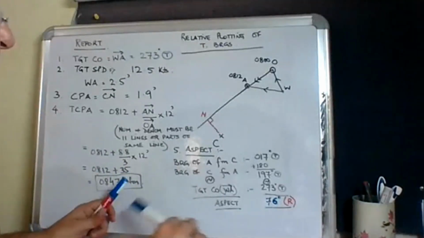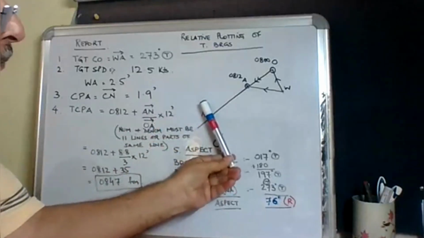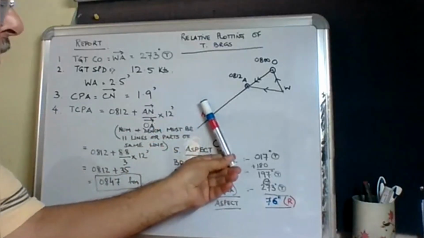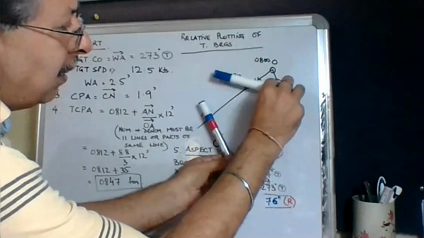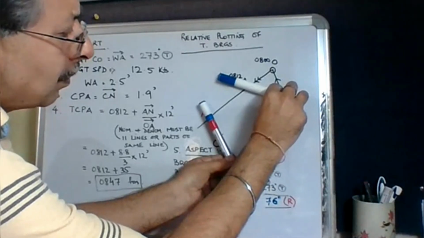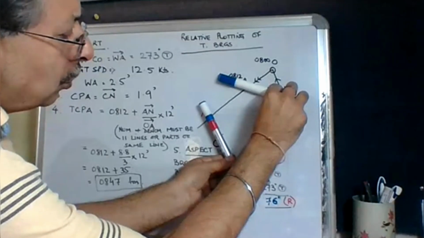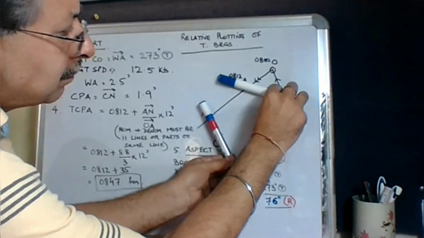सर, एक बार फिर से बता दीजिए. Put yourself on Charlie and put yourself on your own heading 340. Target is at Alpha, heading WA. So at night, what light of the target will you see? Right sir, red.